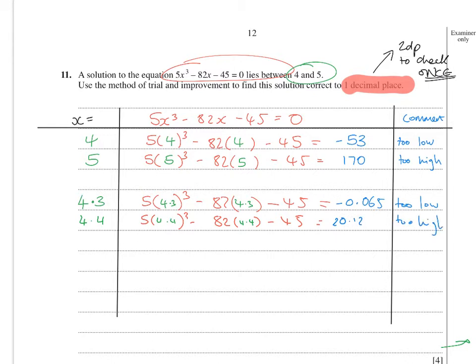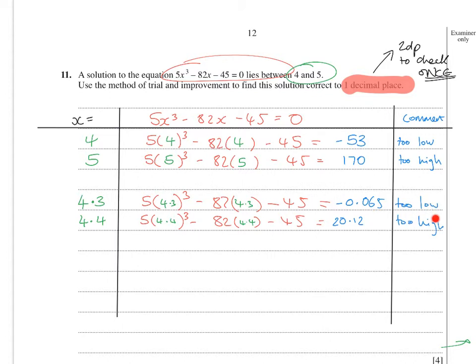Okay. Now, basically what we have found out, there's a solution between 4 and 5, done. We then subbed in 4.3 because we knew it had to be in between 4 and 5. I didn't choose 4.5 because I said this answer is closer to 0 than this answer. So I tried 4.3 and that was really close to 0 but still too low, and then this one's too high. So it now must be between these two here.